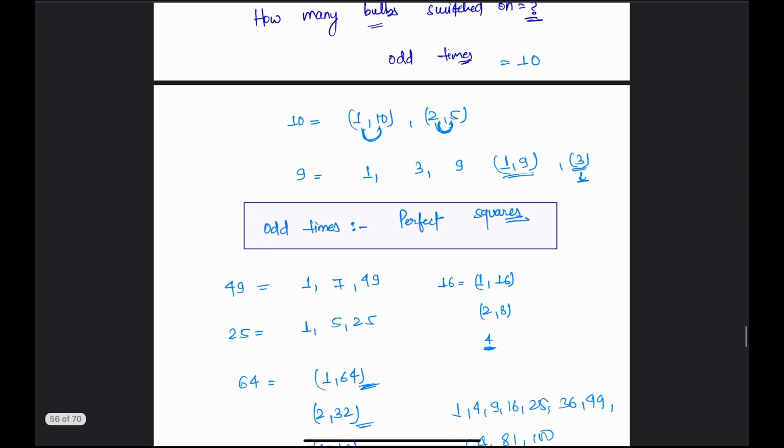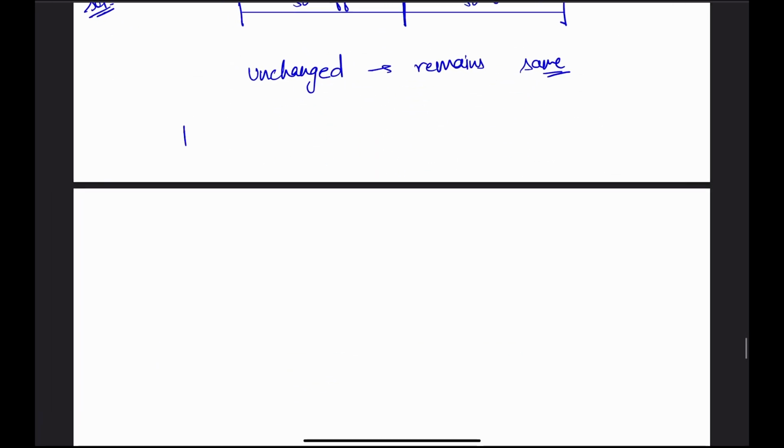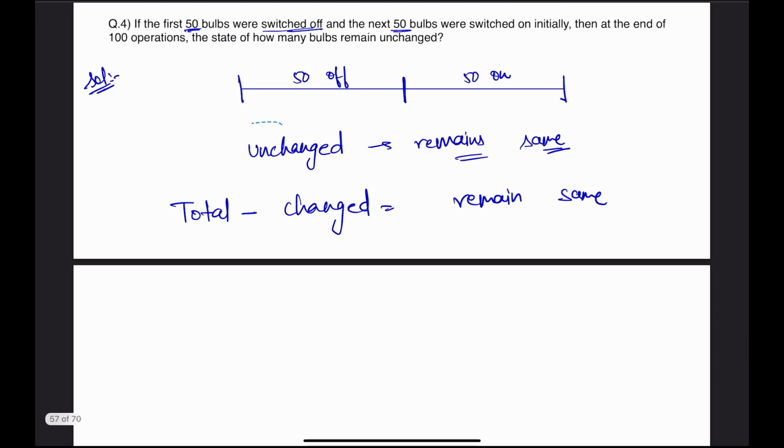And I know that odd times is a perfect square. So total minus changed will be remain same.